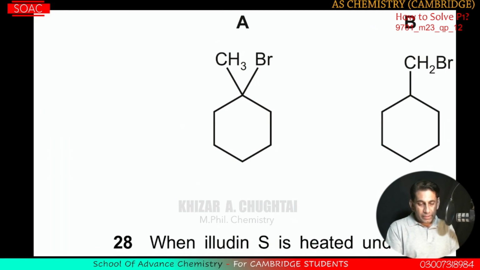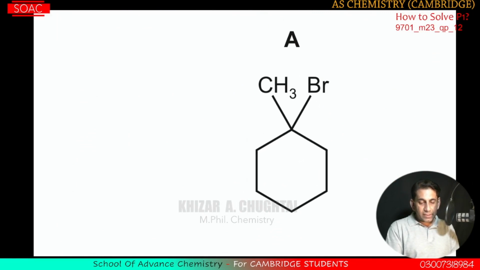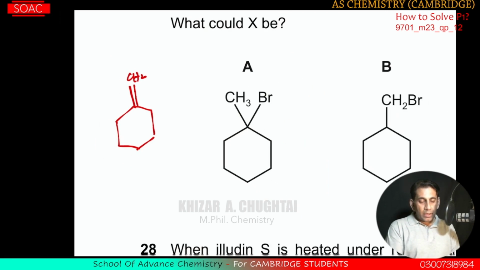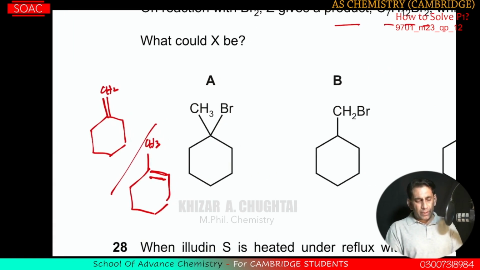One may be Y and one may be Z. In case of A, the first possible alkene that can be made is this one, CH2 and overall this one, right? The next possible alkene can be written as CH3 and the double bond over here. That is the second possible one. One may be called Y and the other one Z.